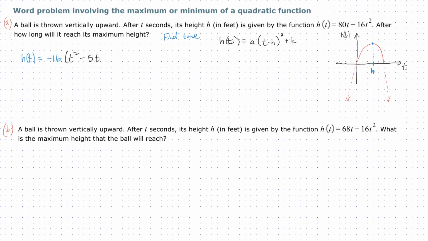Let's go ahead and complete the square. Take that 5 divided by 2, you get 5 halves. Now square it. We get 25 over 4. Be careful here though.